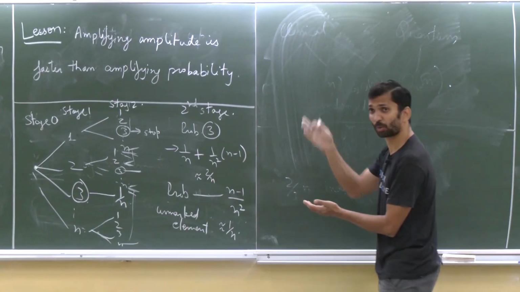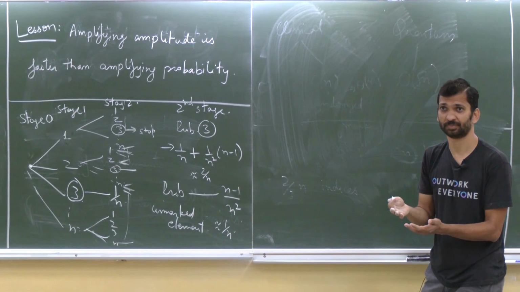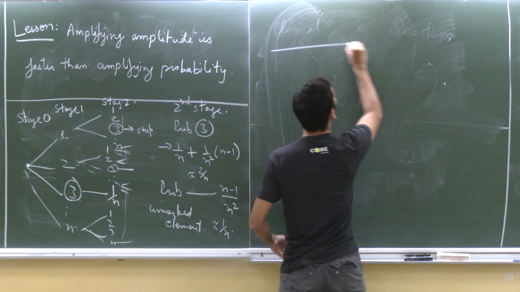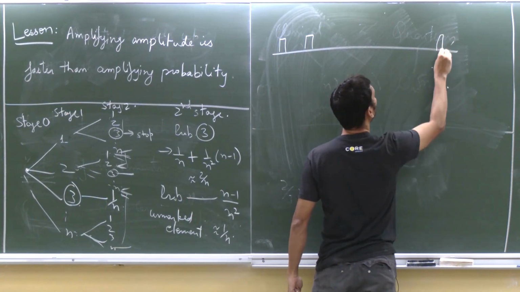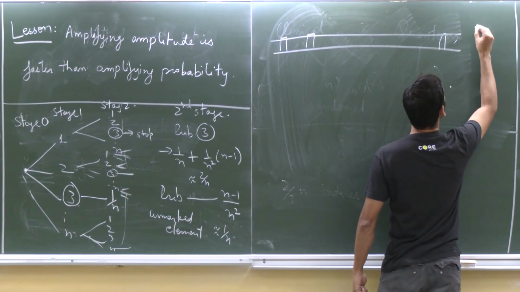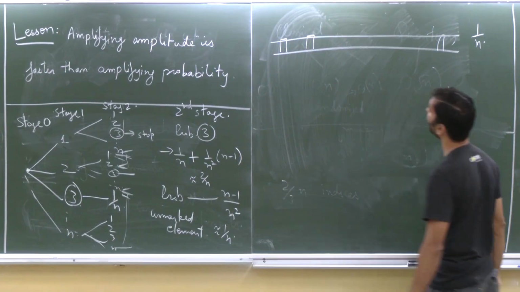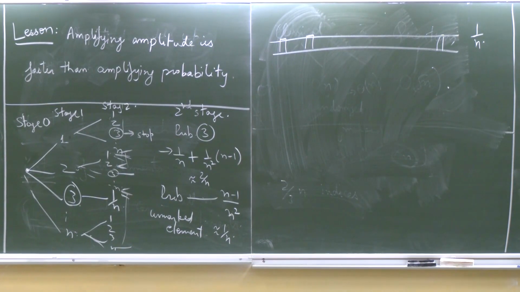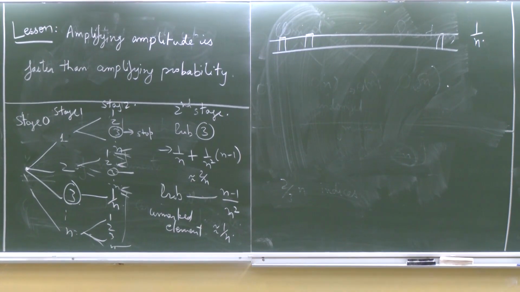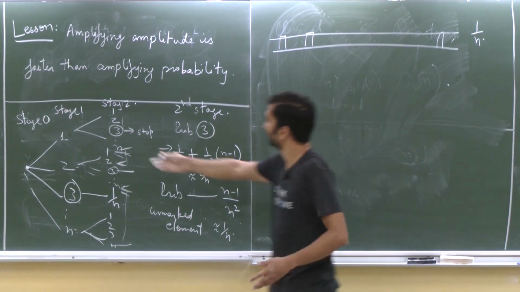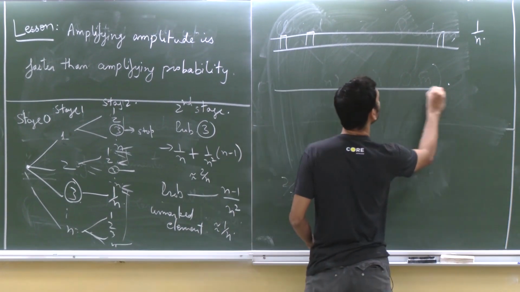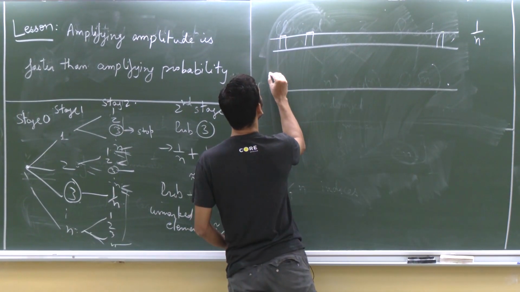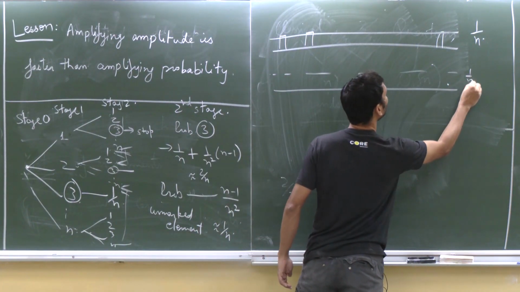I can plot these probabilities as a histogram. So after stage 1, everything will have a probability of 1 by n. This is trivial. What happens after stage 2? This was my line 1 by n.